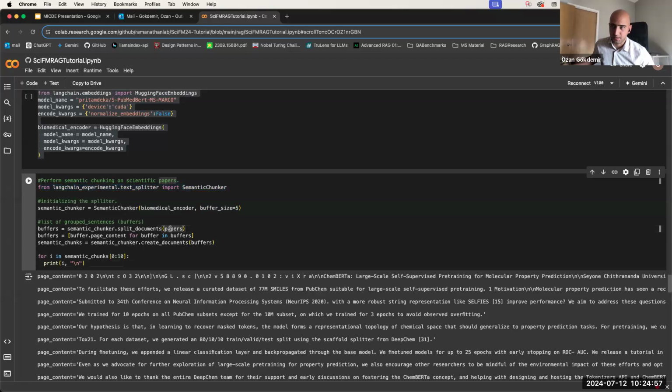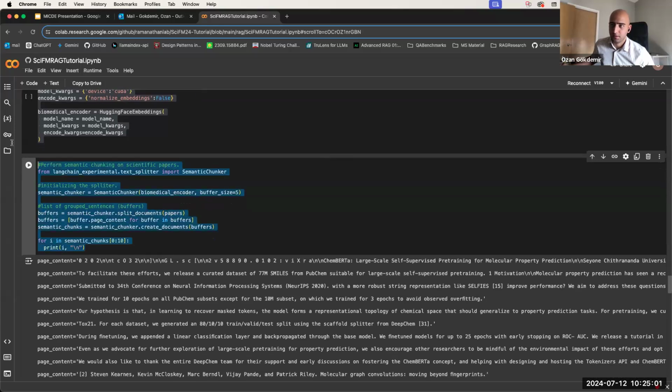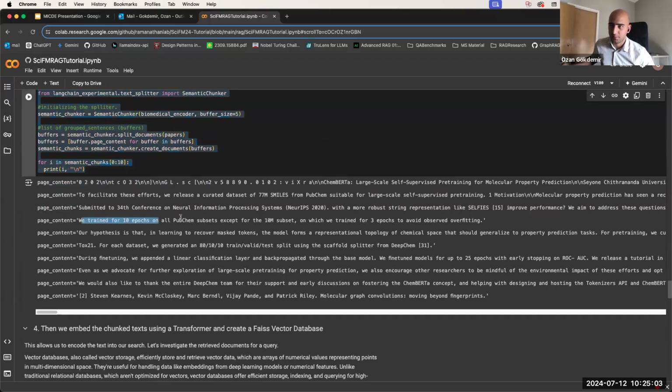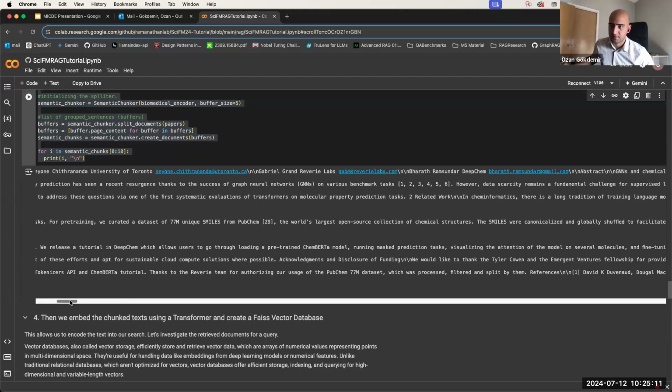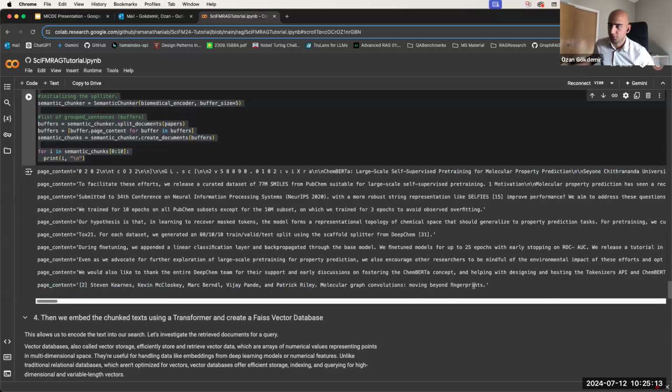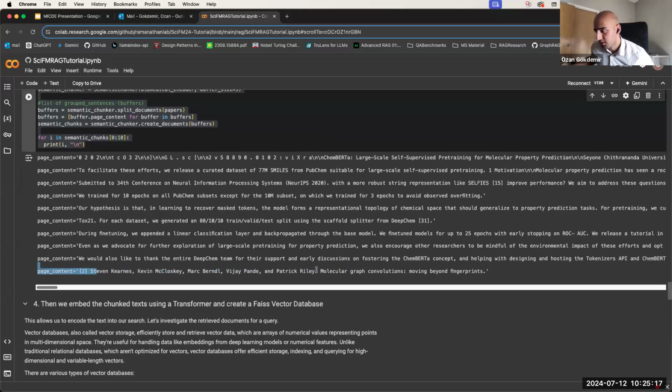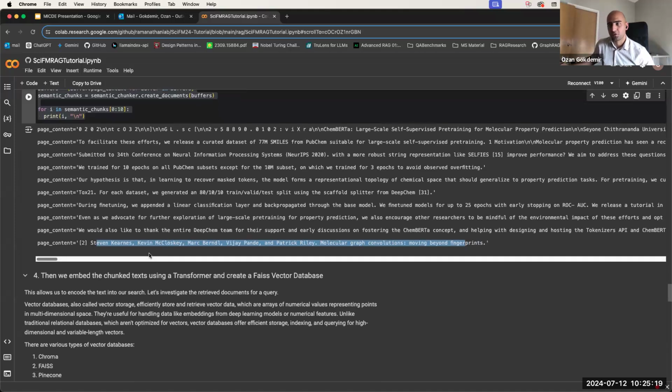You see the papers object that we created from that directory of 7 papers. Now we semantically chunk them. And these are semantic chunks that we get from our 7 papers. You see, it actually put the citation into one chunk.